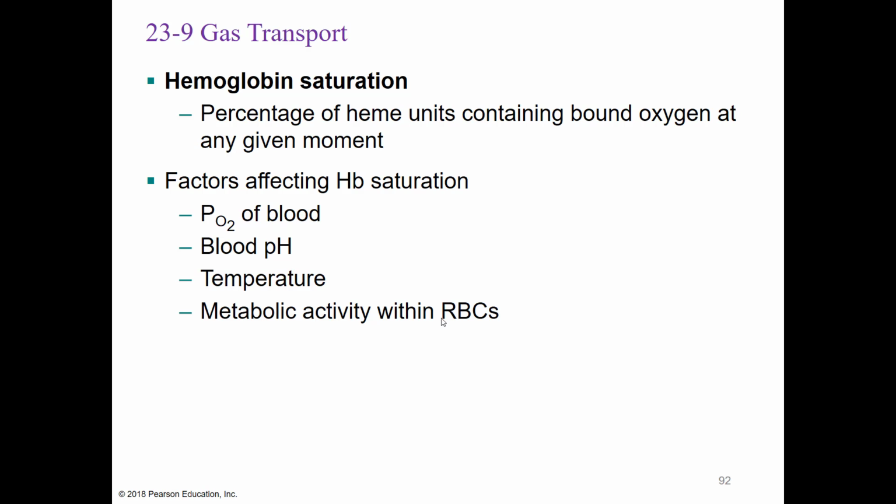If the PO2 decreases, hemoglobin releases oxygen. Blood pH: as the pH goes down, saturation of oxygen declines. Temperature: we want our temperature to be around 98.6 to carry oxygen most efficiently. And metabolic activity within the red blood cells, which we'll go a little further on in just a bit.